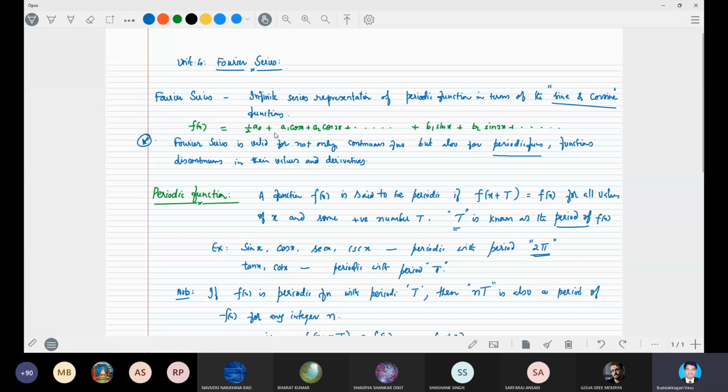The series is convergent, or the series is divergent. Also, a series of infinite number of terms cannot be exactly determined, right? Yes, sir. So therefore this will be approximated.